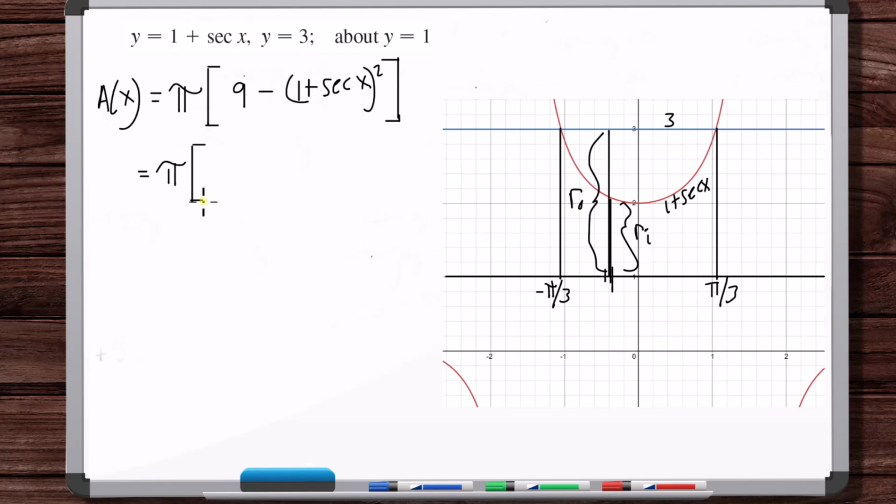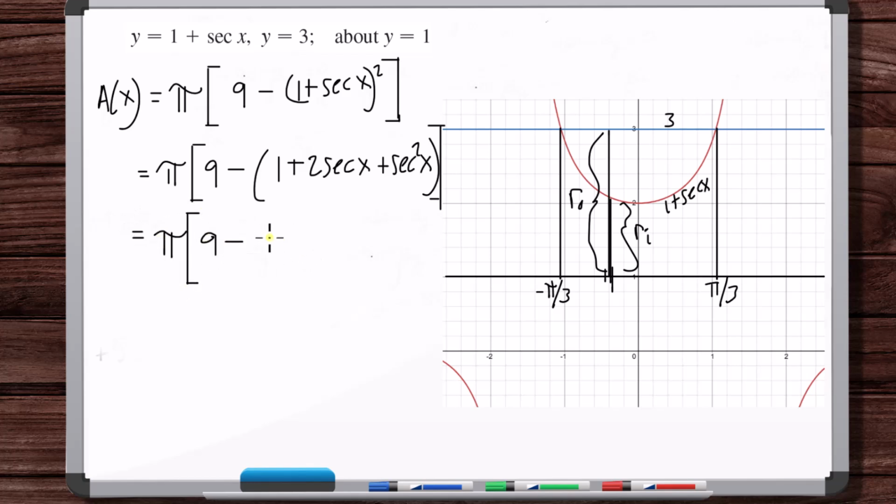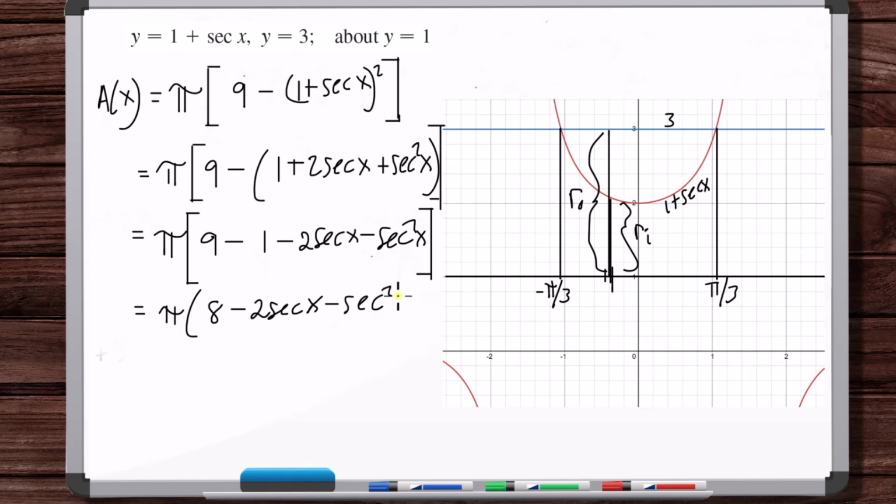We've got pi times 9 minus (1 plus secant x plus secant x plus secant squared of x). Nine minus 1 minus 2 secant x minus secant squared x. 8 minus 2 secant x minus secant squared x. Okay, so there's A of x.